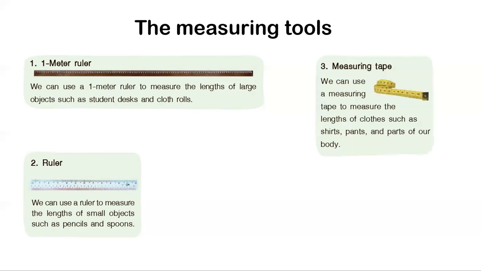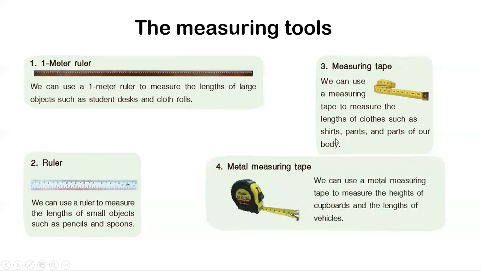Number 3, we look at the measuring tape. We can use a measuring tape to measure the length of clothes such as shirts, pants, and parts of our body. Then we have the metal measuring tape.